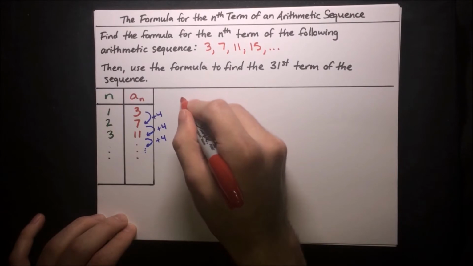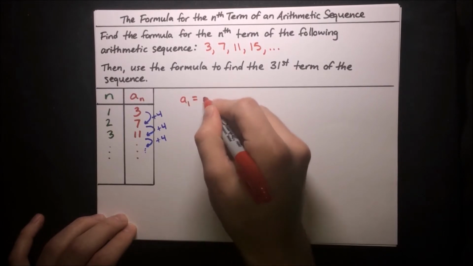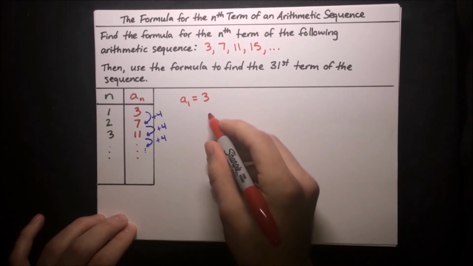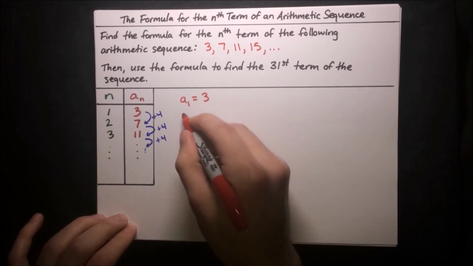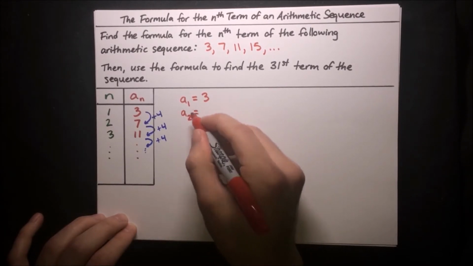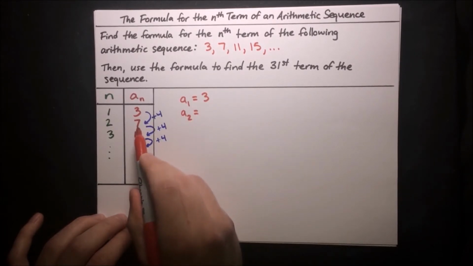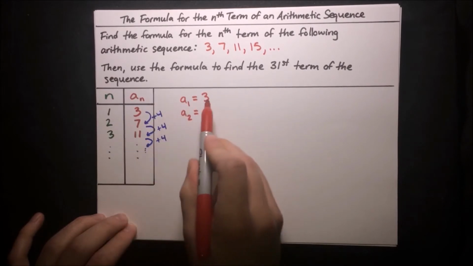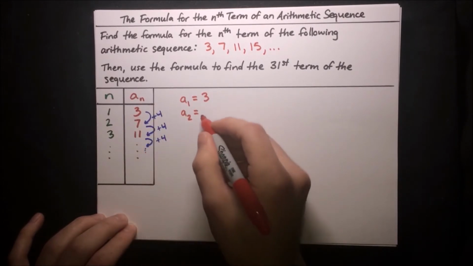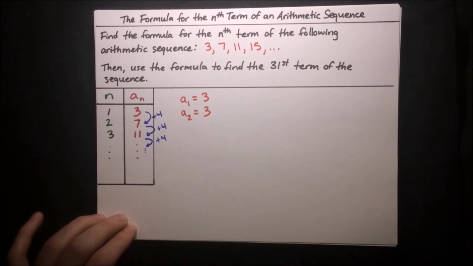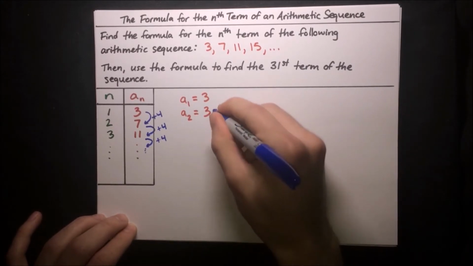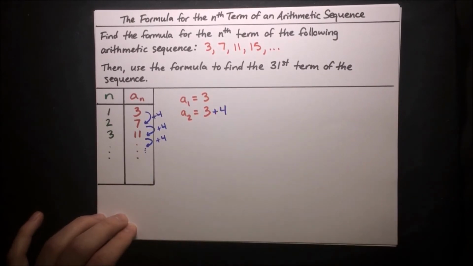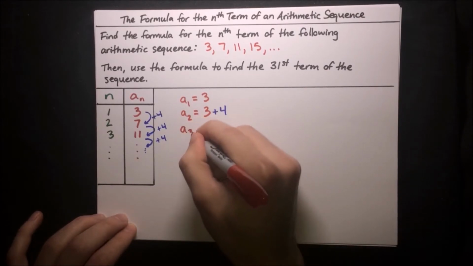So first of all, we have a1 equals 3. That's just what we start with. Now we know that a2 is equal to 7, but let's write it in terms of our starting case, a1 equals 3, and then adding 4. So instead of writing 7, let's write 3 plus 4. Now for a3, let's continue that pattern.